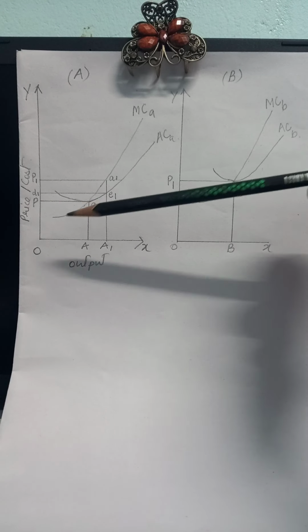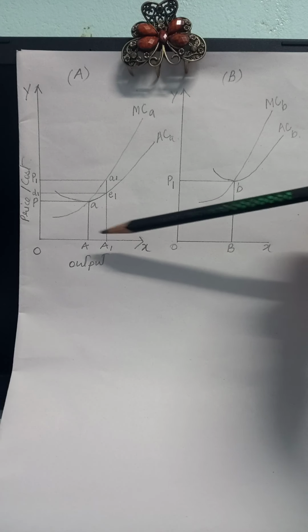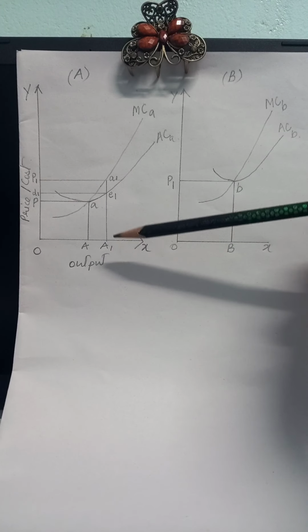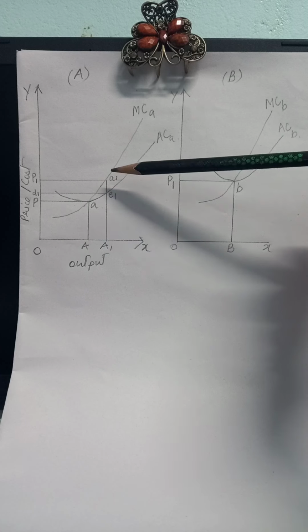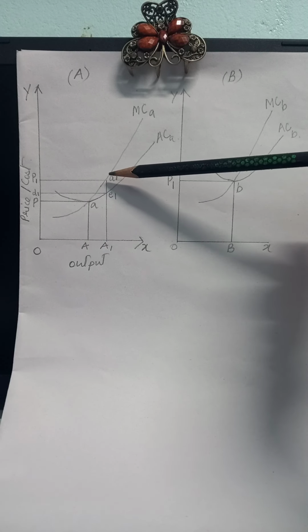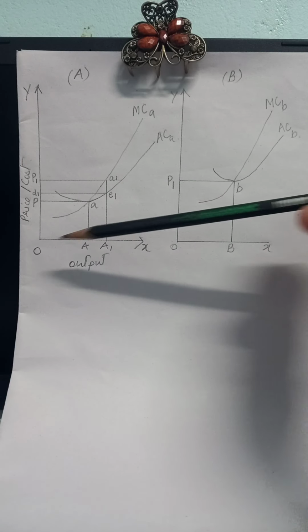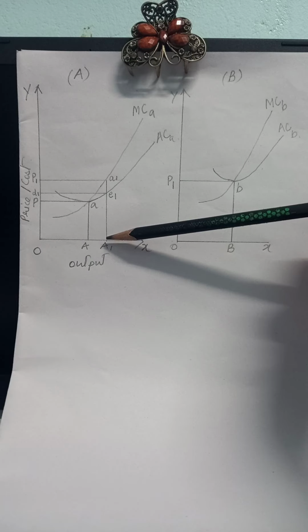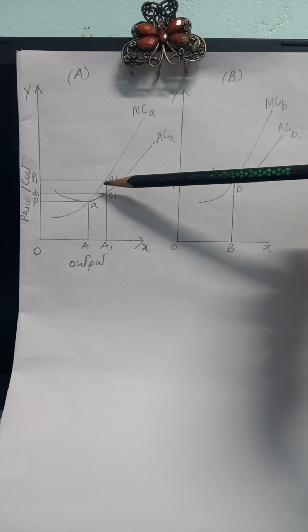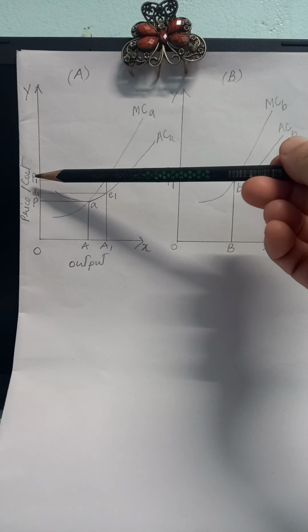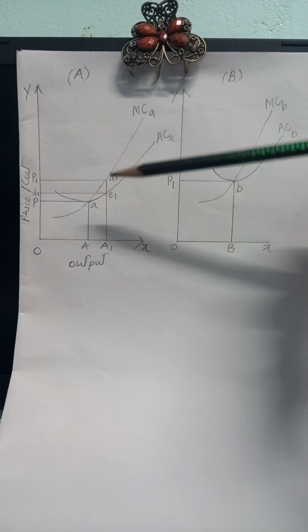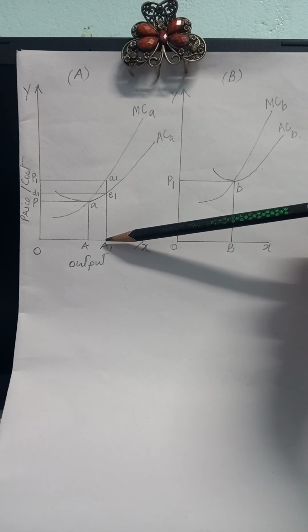Here in plot A, this OP1 or A1 is the price, or the average revenue, which means they are producing OA1 output at a price A1 or OP1. If we want to calculate the average cost, it is E1A1.